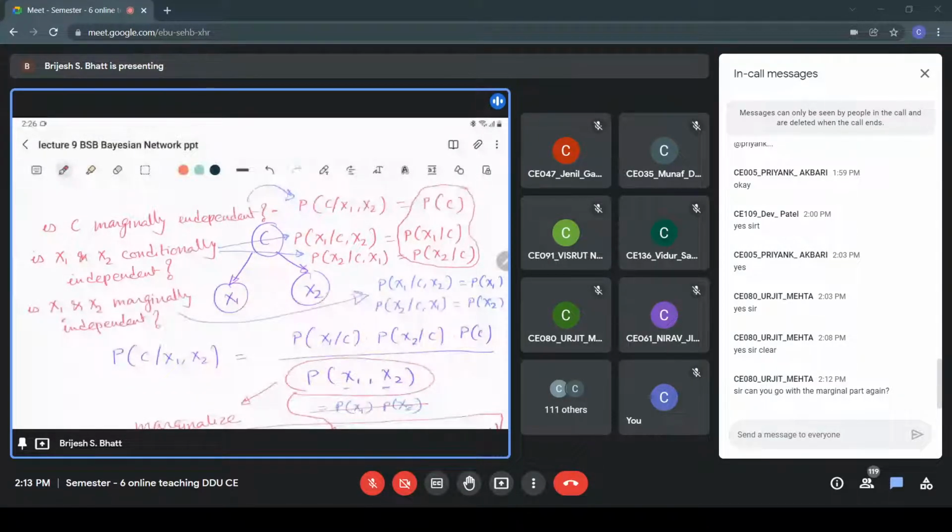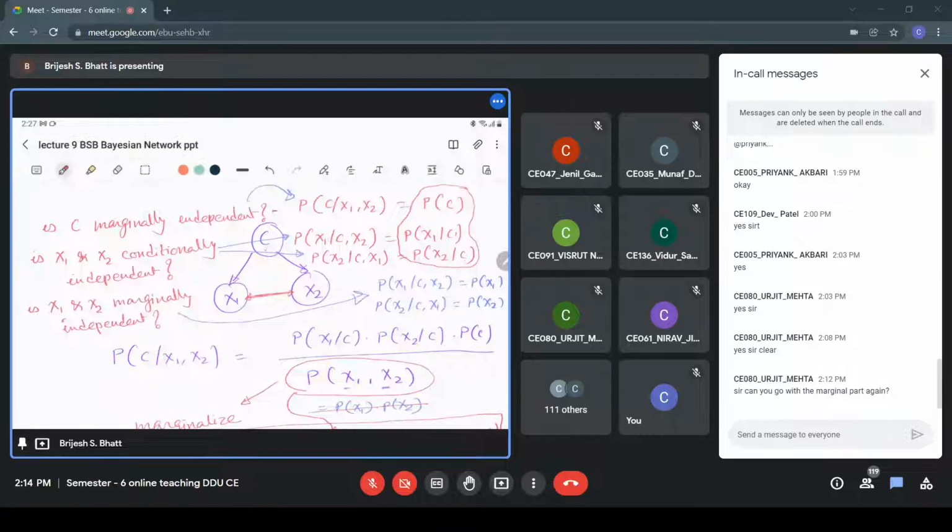So if I want to describe this graph of C, x1 and x2, then I can say that C is marginally independent, and x1 and x2 are conditionally independent given C. And that is why the three probability values to calculate x1, x2, and c are probability of c, probability of x1 given c, and probability of x2 given c. Multiply them and you get the answer. If you drop the naive assumption, then x1 and x2 are not conditionally independent, and it becomes more complicated.